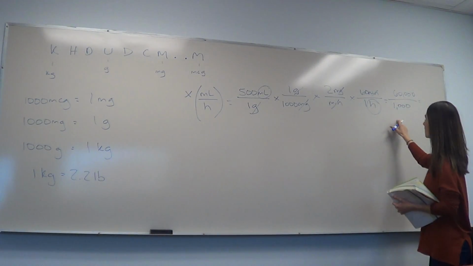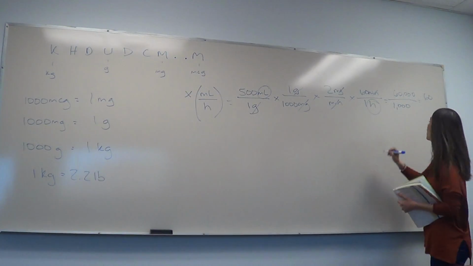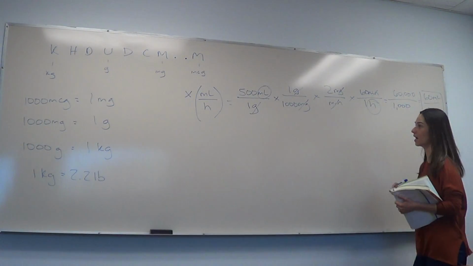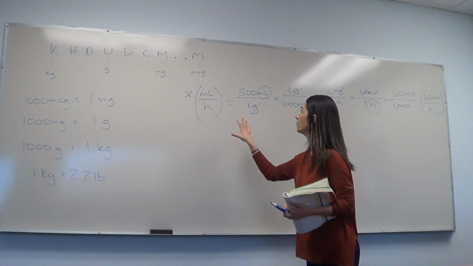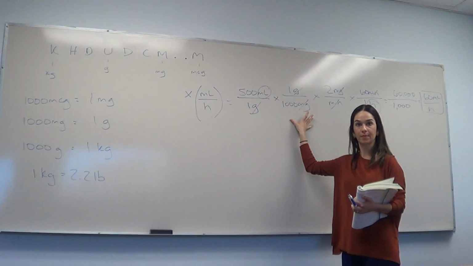And when we do 60,000 divided by 1,000, we should get 60. Don't forget to always label your answer, mLs per hour. So this is the example. This is my preferred method. We are converting our numbers in the problem, okay?